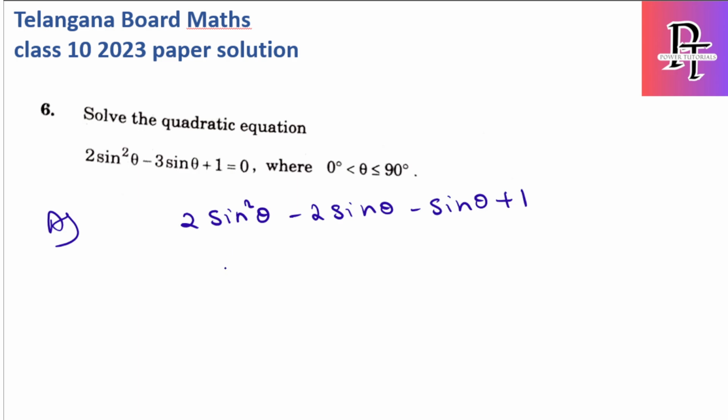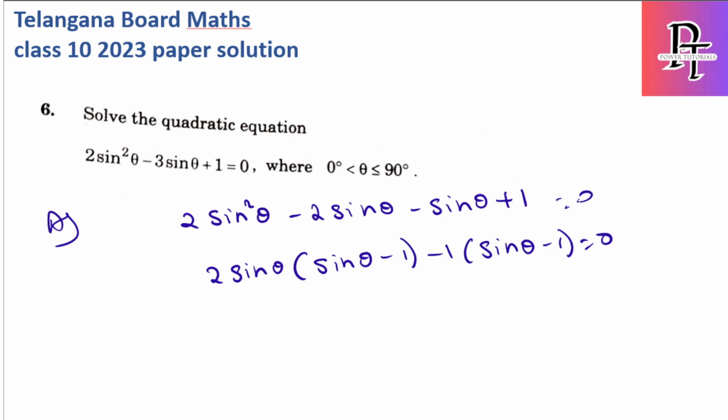Now if I take 2 sine theta as common, I can write this as sine theta minus 1, and here if I take minus 1 as common, I will get sine theta minus 1 is equal to 0. So here it is 2 sine theta minus 1 into sine theta minus 1 is equal to 0.